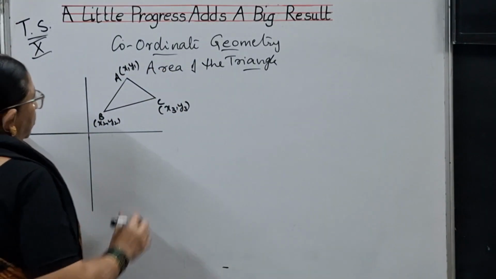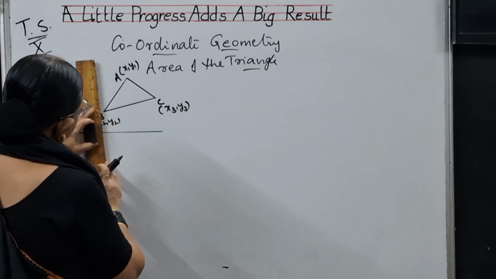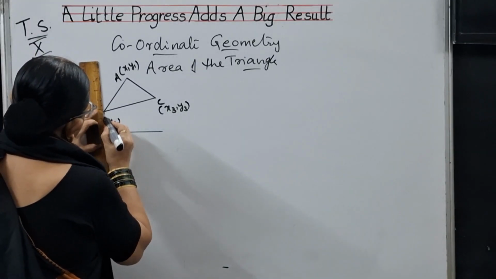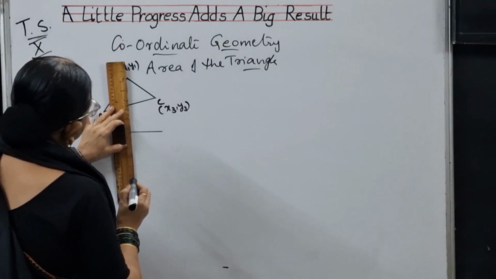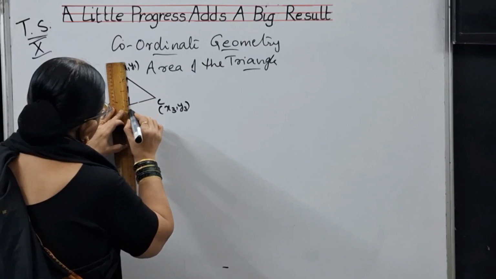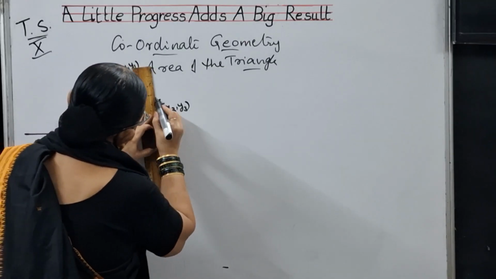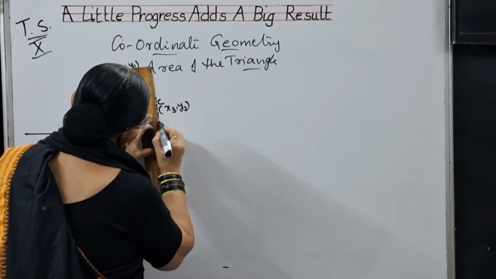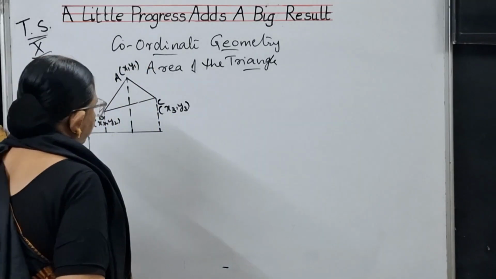Now here, children, you have got triangle ABC. First thing you have to do is draw the perpendicular lines like this, from A, from B, and from C. You have to draw perpendicular lines in this way.